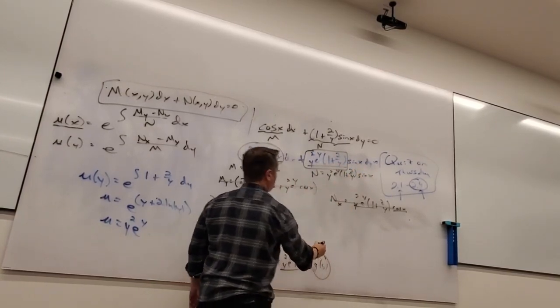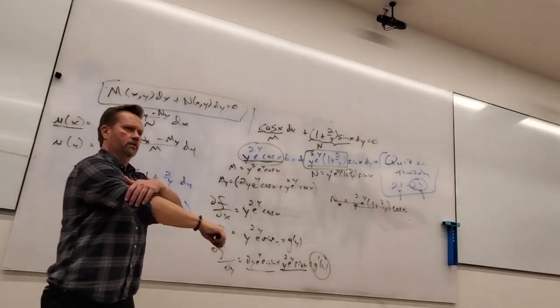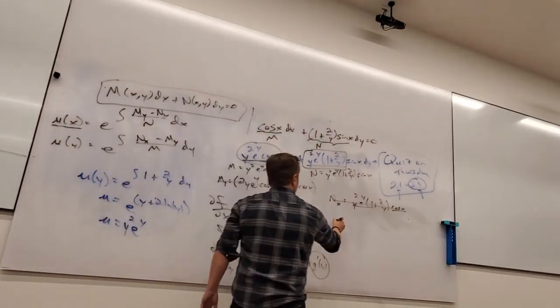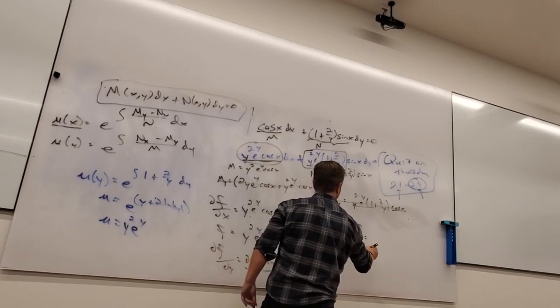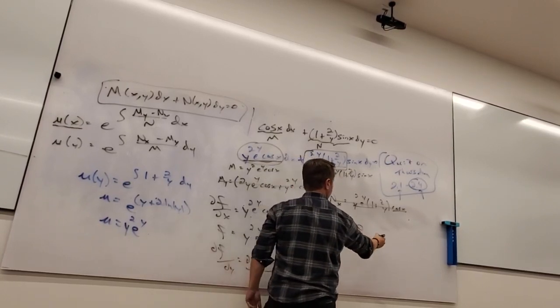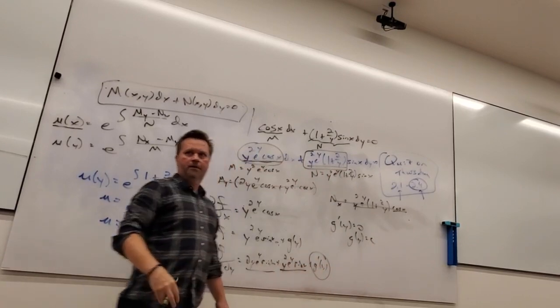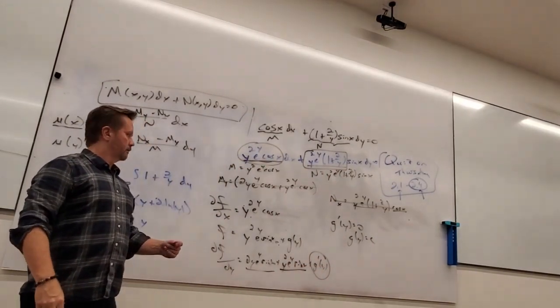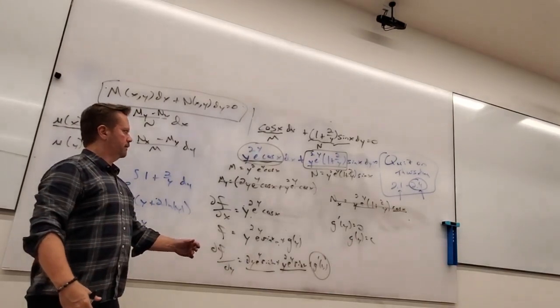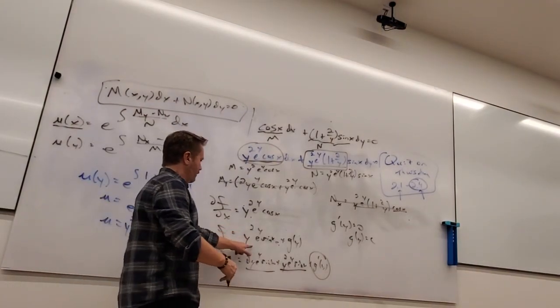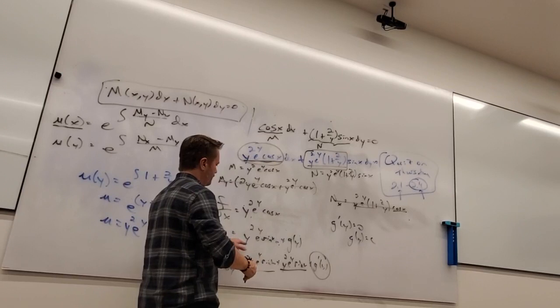So what does this equal? 0. I love it. Which means g of y is actually just C. Yeah, a true constant. I love it. And we finally get f is just going to equal this business.